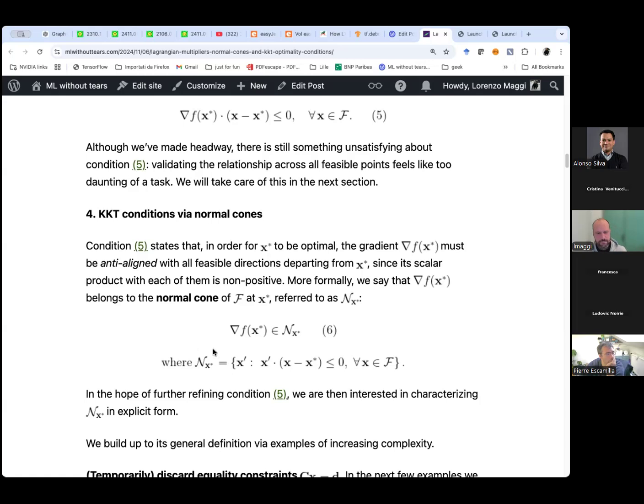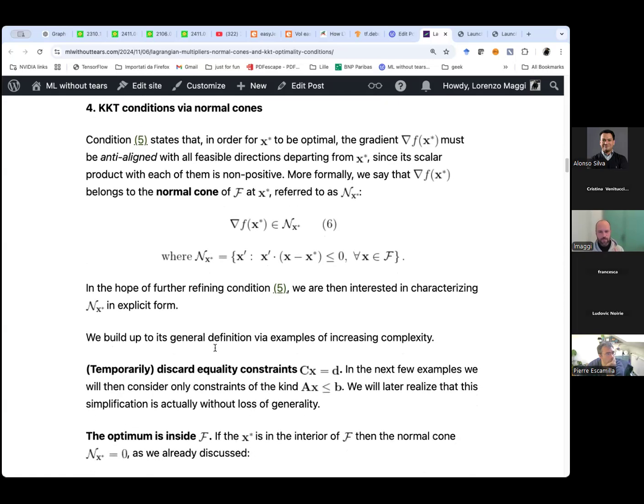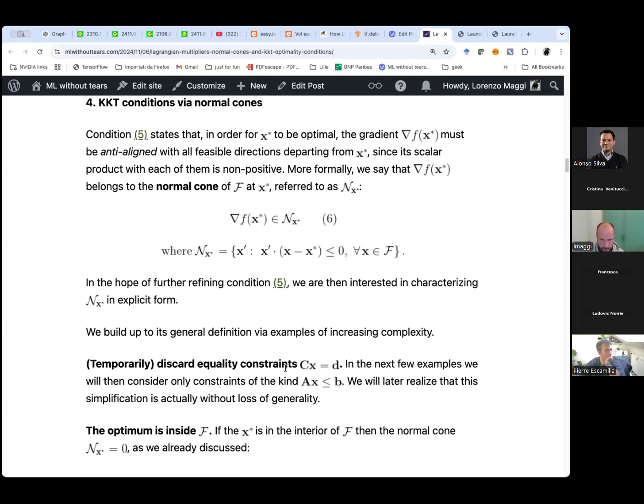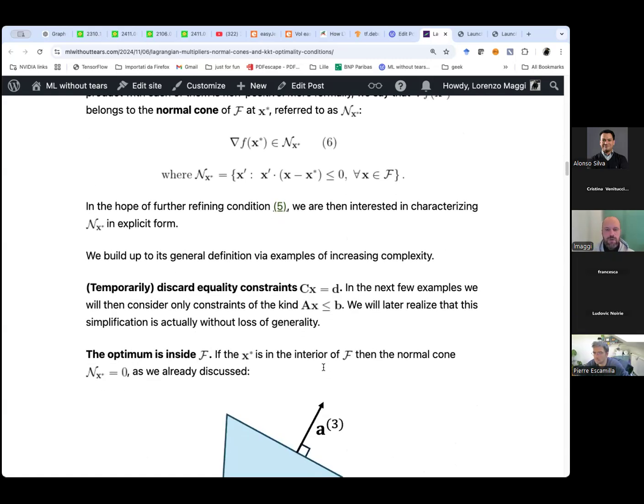But for the moment, let's just discard equality constraints. So we will only have A's, we will not have C's, but you will add them later. The only important thing is the inequality. Again, the equality can be seen as two inequalities. So our next goal is to define this normal cone.